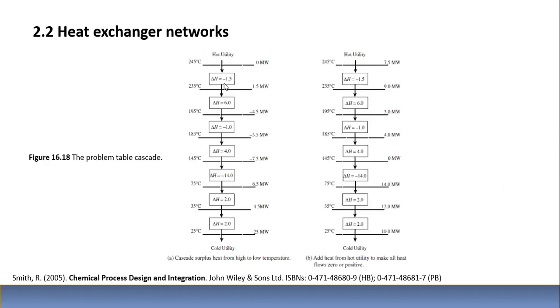Between 245 and 235, minus 1.5 megawatts. Between 235 and 195, 6 megawatts. Within this temperature interval, minus 1.0 megawatts, and so on and so forth. You see that both tables have the exact same temperature intervals.